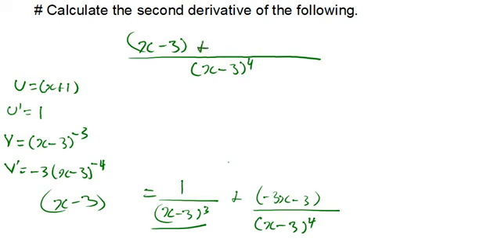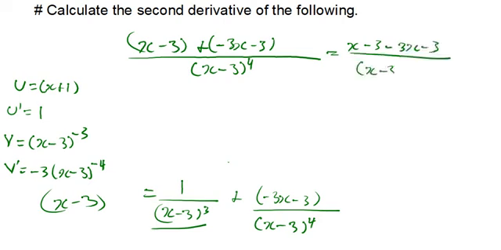Then plus. Alright, we have plus there. Then we have open bracket -3(x + 1), of which this is basically (x - 3) minus 3(x + 1), divided by (x - 3) to the power 4.